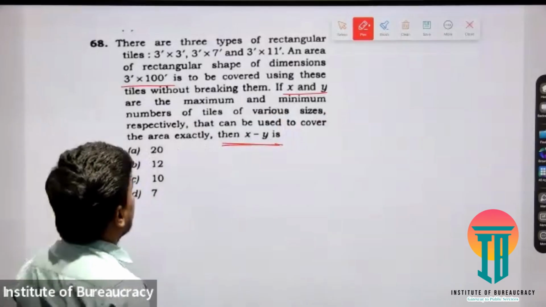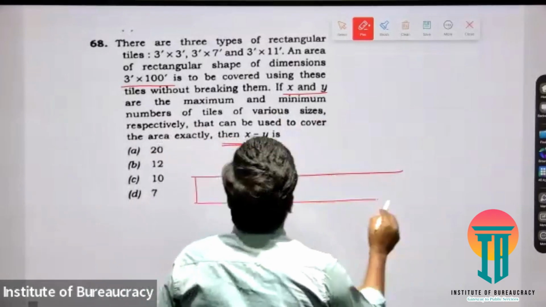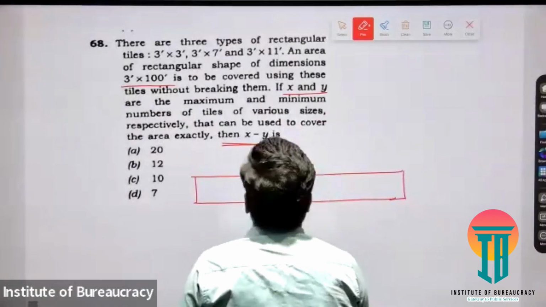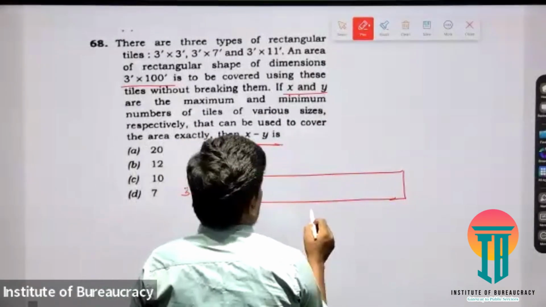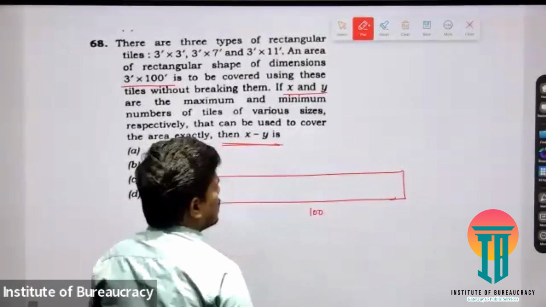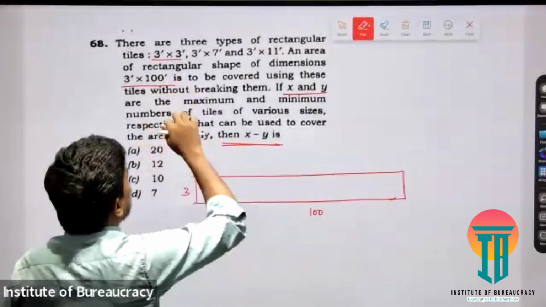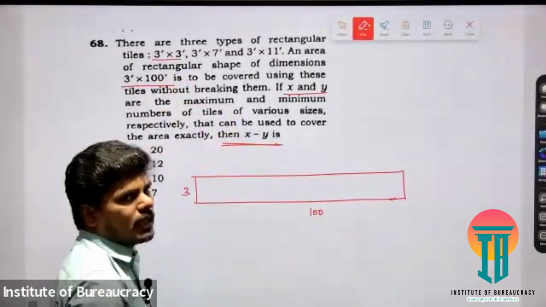That's the question. So here we have a rectangular field, with dimension 3 into 100. If you use 3 by 3 tiles, you can get the maximum number of tiles.